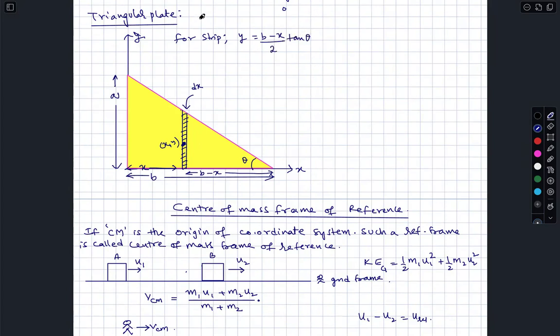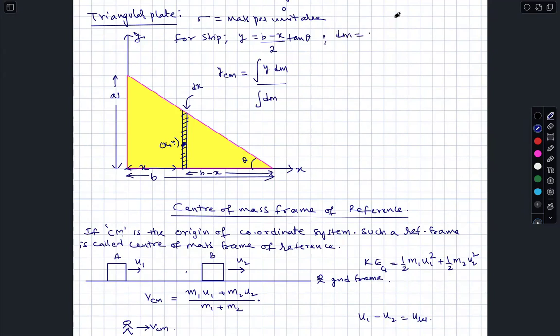Here sigma stands for mass per unit area. By this time you have understood: if it is a length piece, lambda; area piece, sigma; volume piece, rho. So what is YCM? YCM is nothing but integral y dm by integral dm. By the way, what is dm?